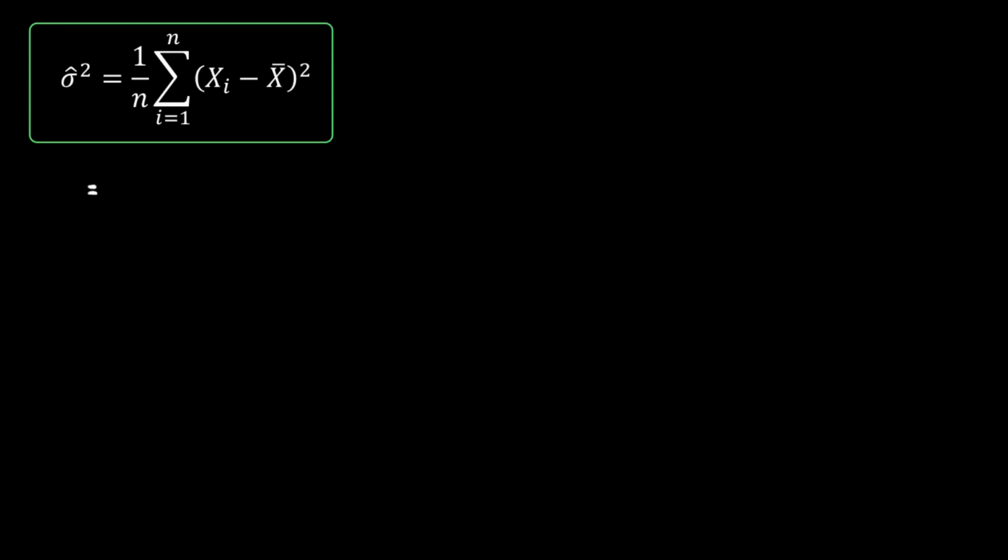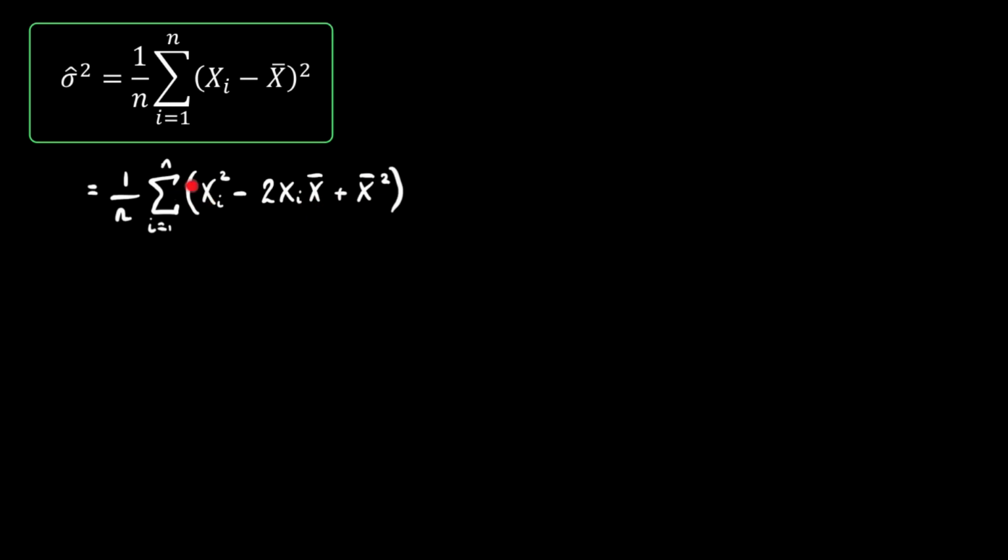So we can rewrite this as being equal to 1 over n times the sum from i equals 1 to n of xi squared minus 2 lots of xi x bar plus x bar squared. So all we've done there is multiply out this (xi minus x bar) squared term to give us xi squared minus 2 xi x bar plus x bar squared.